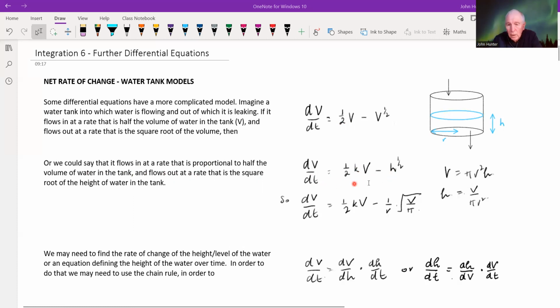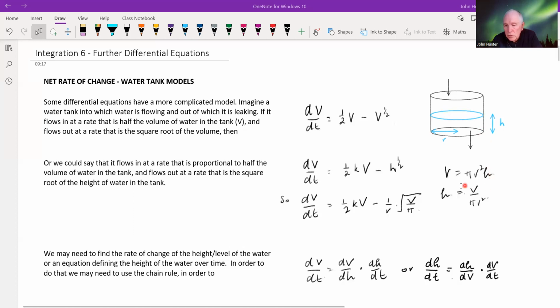Now that's all well and good, but here we've got three variables, so this is going to be difficult to work with. But we do have a conversion between V and h. We know that the volume of a cylinder is equal to pi r squared h. So r is some constant representing the radius of the tank, h is the height, so it's effectively the volume of the cylinder of water within the tank.